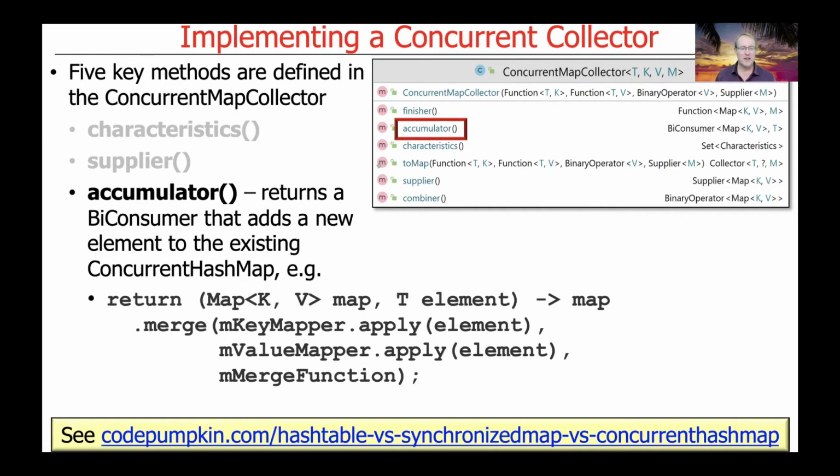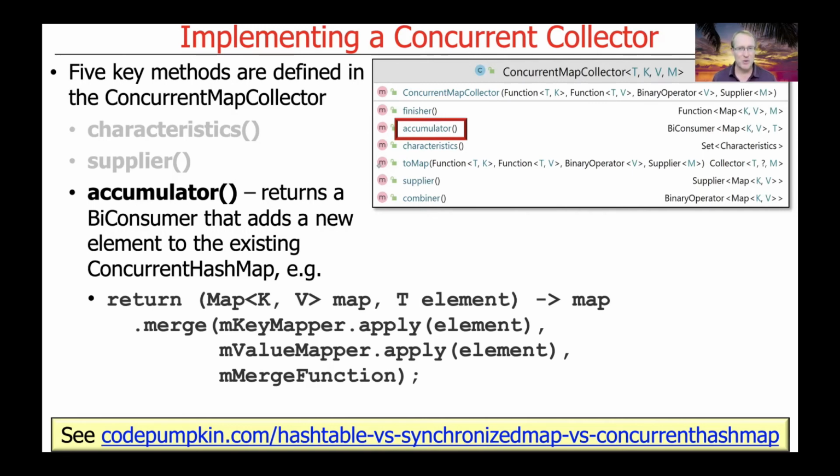And here's what the accumulator implementation looks like. It returns a BiConsumer, and what the BiConsumer it returns does is take a map, which in this case is a ConcurrentHashMap, of type Map<K, V>, and an element of type T, and then it says map.merge. Then you basically take the element, you apply the key mapper to it, you take the element, you apply the value mapper to it, and that creates the key and value associated with that element. And then you put that into the map using the merge function.